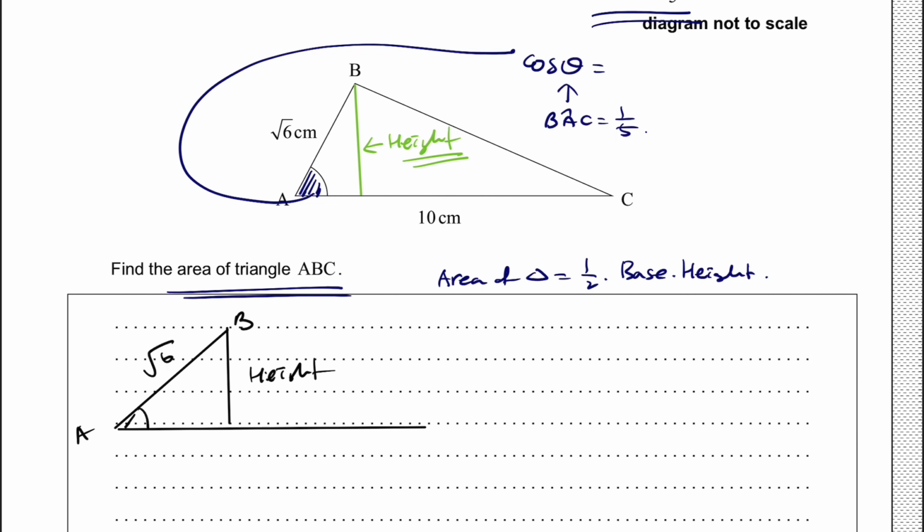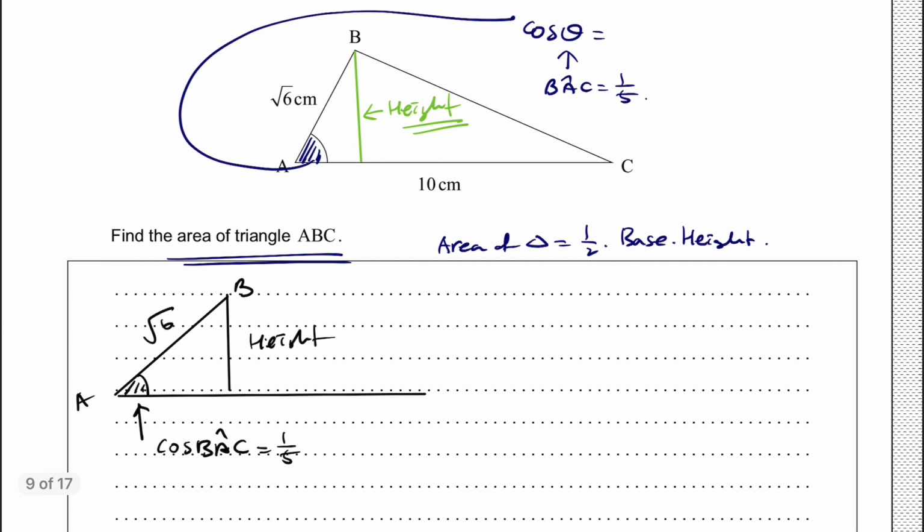And then we are not sure of this angle, but when we calculate this angle with the cosine rule, we get 1 over 5. So that means from this angle BAC, or angle A, the height is the same as opposite, right?